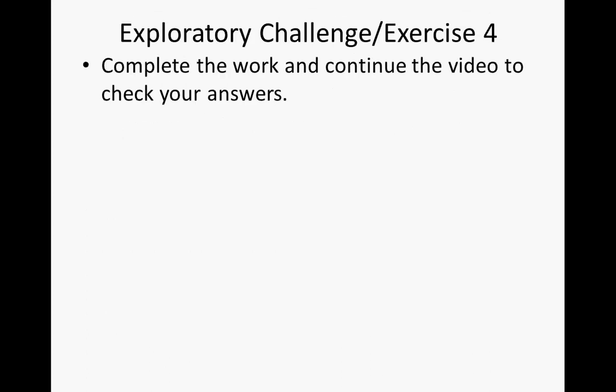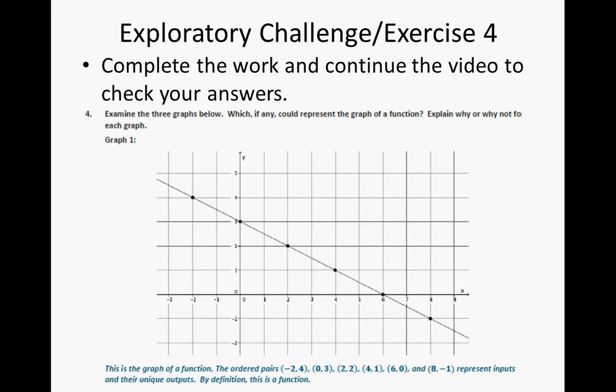All right, let's take a look at Exploratory Challenge or Exercise 4. Complete the work and continue the video to check your answers. All right, so for Exercise 4, it asked you to examine 3 graphs. Which of any could represent the graph of a function? So you have a look at graph 1. This is a graph of a function, and because each input has a unique output, it is a function.